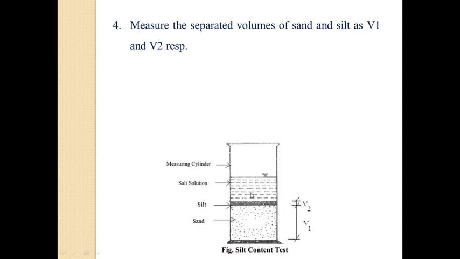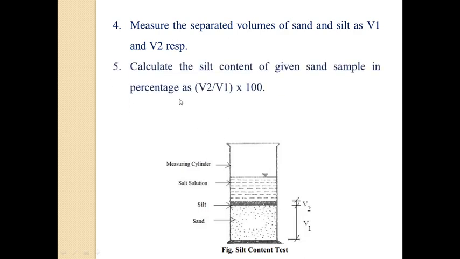Here we can see that after 3 hours in this measuring cylinder, the sand has settled down and the silt is over the sand. V1 is the volume of the sand and V2 is the volume of the silt. Then calculate the silt content of the given sand sample in percentage as V2 upon V1 multiplied by 100, where V2 is the volume of silt and V1 is the volume of sand.